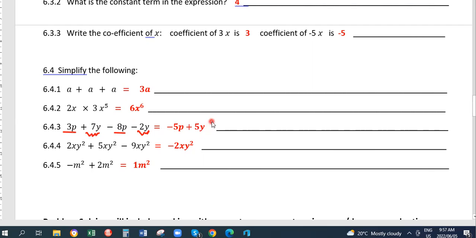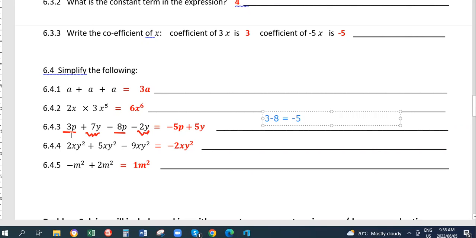Now if you are still having some issues with integers, you can use your calculator to work out some of it. For example, if I need to work out 3 minus 8, I can put in there 3 minus 8 on the calculator, and it will give me a negative 5 or minus 5.